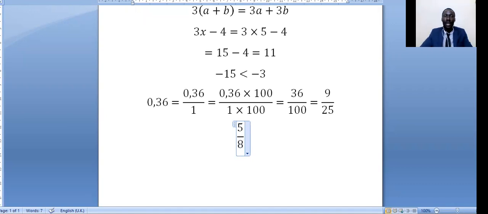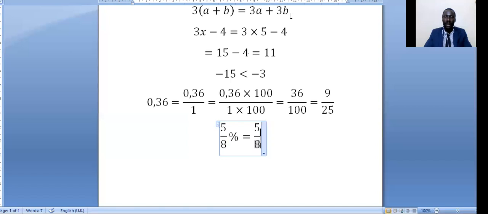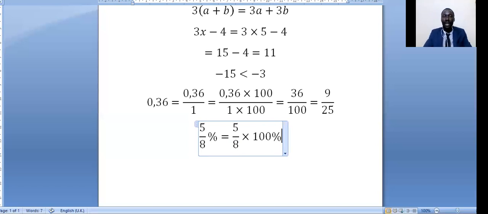We have to multiply this value of 5 divided by 8, as a percentage, by 100%. That is the value that we get times 100%. Yes, that is the meaning of expressing it as a percentage. As a percentage means we have to multiply it by 100%.